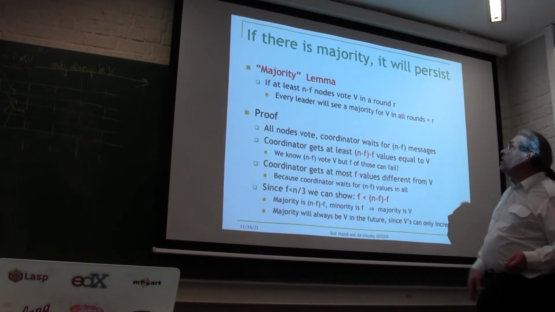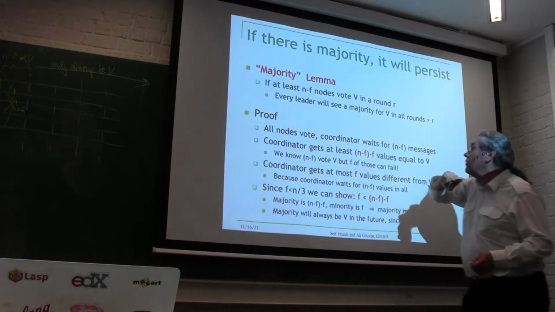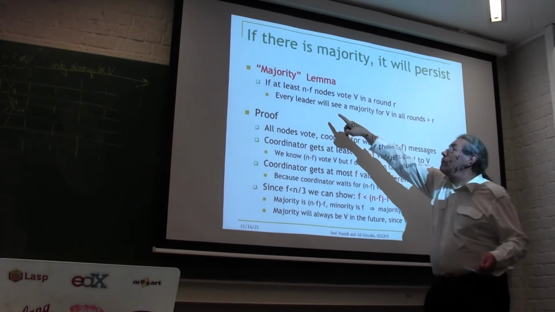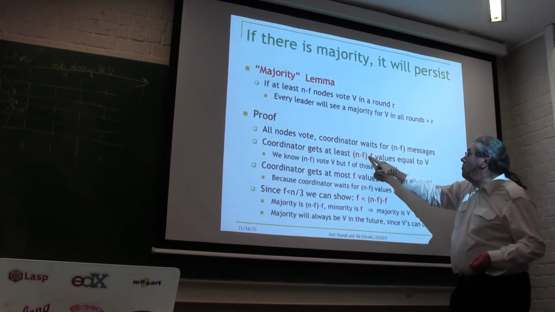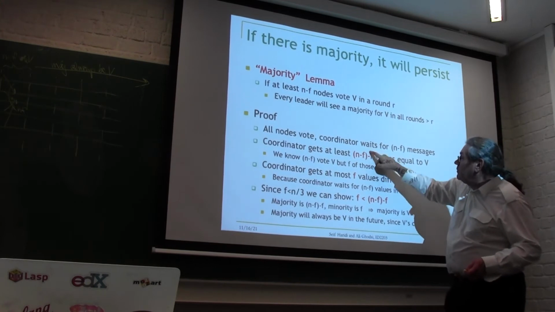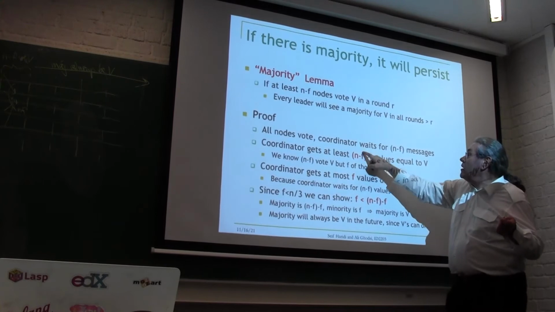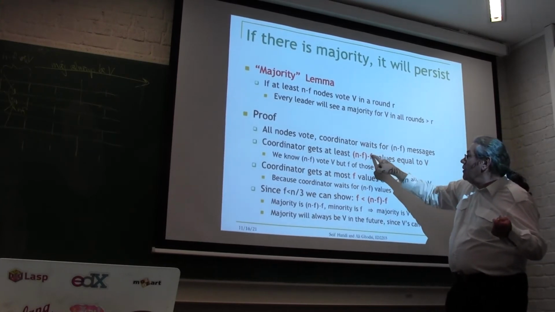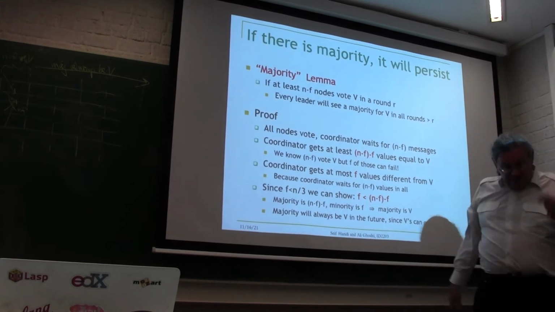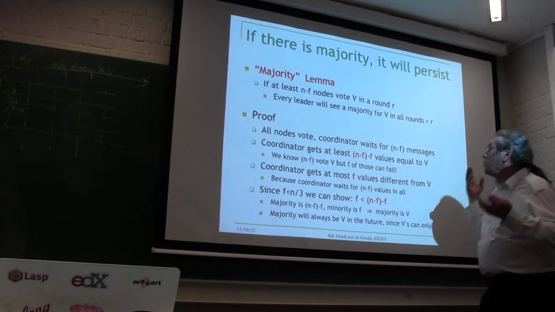So the coordinator will maybe not get all of those n minus f, but it will get some of them. The coordinator will get at least n minus f minus f. The f failed nodes it will not get. It might get more than this if there are fewer failures. But if you have f failures, then the coordinator will get this.